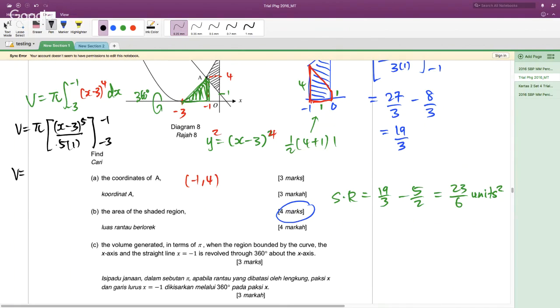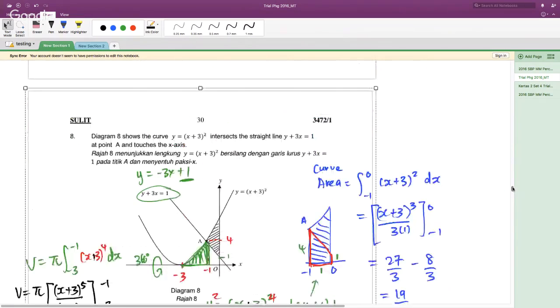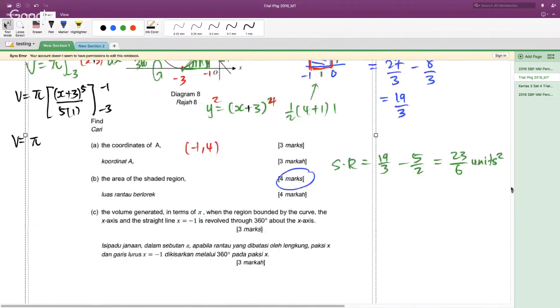So my volume is basically pi. Substitute -1 into it. Sorry, it should be x plus 3, isn't it? Yes, it's x plus 3. So -1 plus 3 is 2, and 2 to the power of 5 is 32 over 5.